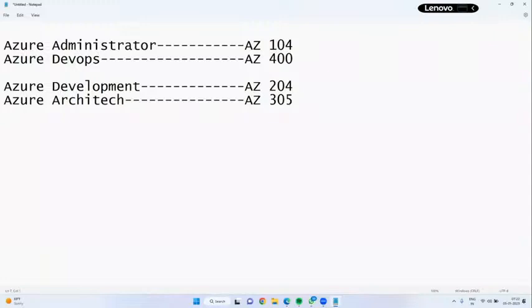As I said, there are Azure AI, Azure Cyber Security, Azure Data Engineer, Azure Fundamentals, Azure Machine Learning, Azure Security, Azure Virtual, a number of certification papers, around 15 to 20, but the very popular ones are these 4.